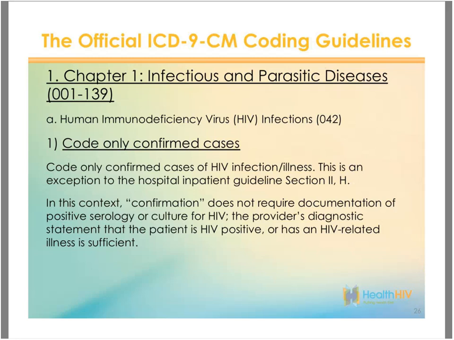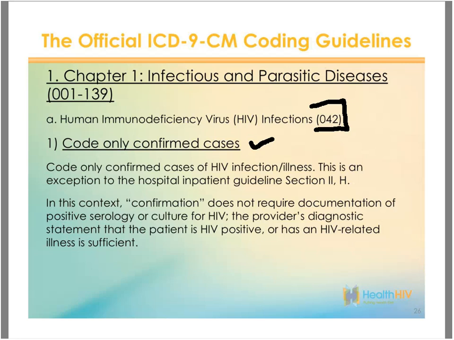So again, in the code book, the coding guidelines state that we're only allowed to code confirmed cases, and a confirmed case would get a diagnosis of 042. And in some documentation that I've read, doctors indicate probable, suspected, suspicion of, and according to the coding guidelines, that's not considered a confirmed case.